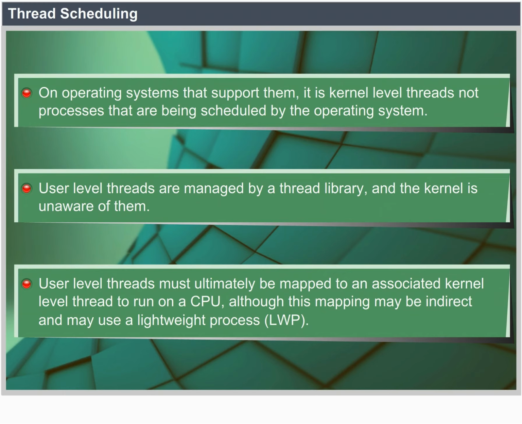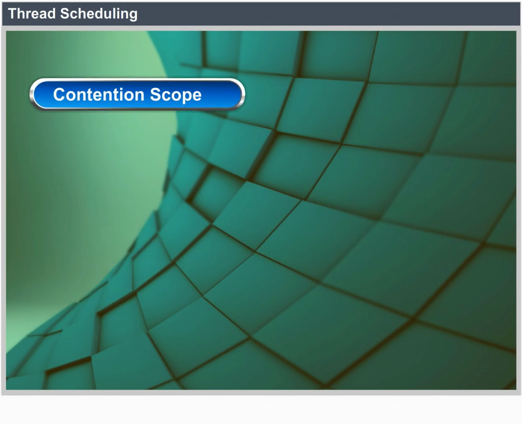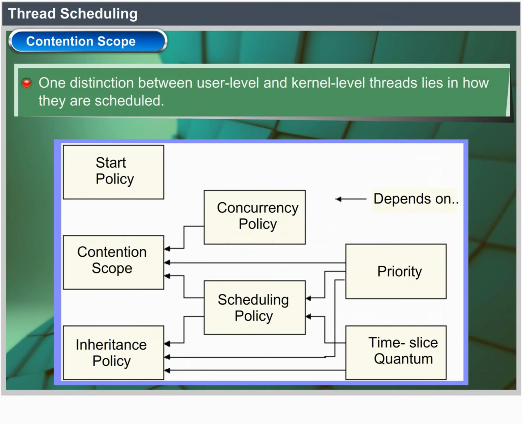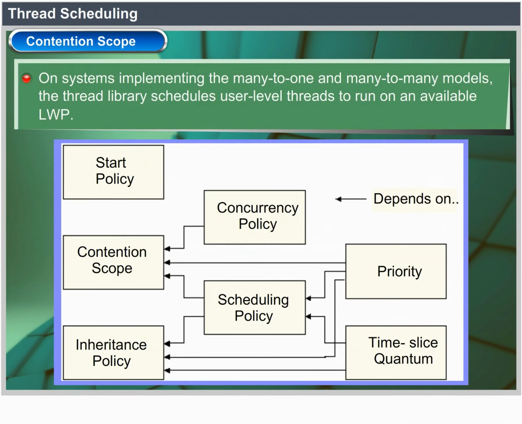Contention scope. One distinction between user-level and kernel-level threads lies in how they are scheduled. On systems implementing the many-to-one and many-to-many models, the thread library schedules user-level threads to run on an available LWP.